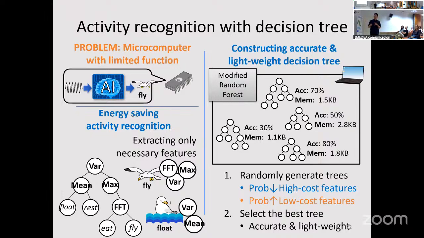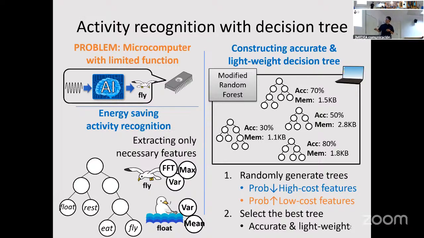Because our device only has a very small battery, we cannot use a high-functioning microcontroller. Therefore, we developed a behavior recognition method that works on a very poor microcontroller. In brief, we used a decision tree to implement behavior recognition.